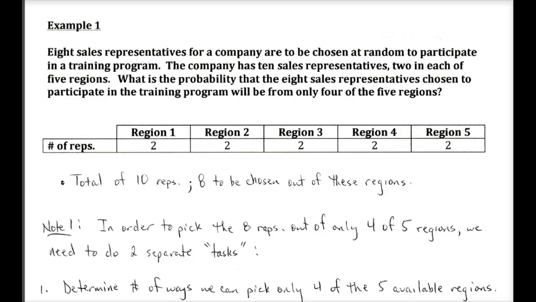What we want to know is the probability that the 8 salespeople we choose to go to this training program will only come from 4 of the 5 regions available to pick sales representatives from. So the first thing we see is that we have a total of 10 representatives altogether, and 8 of them are to be chosen from these regions.